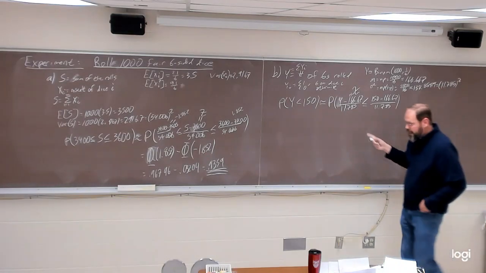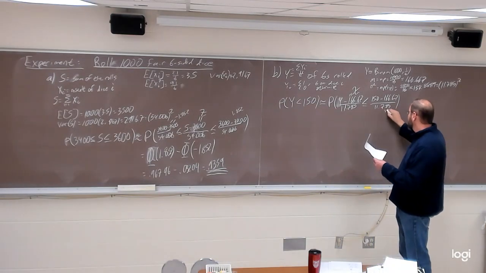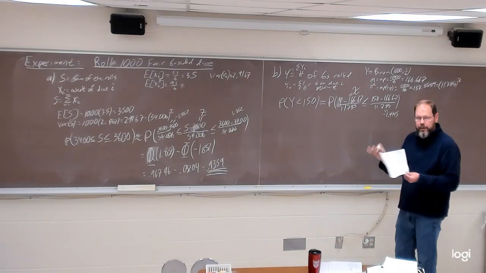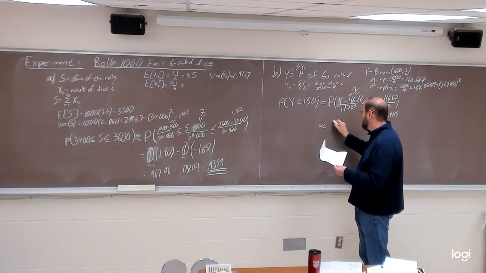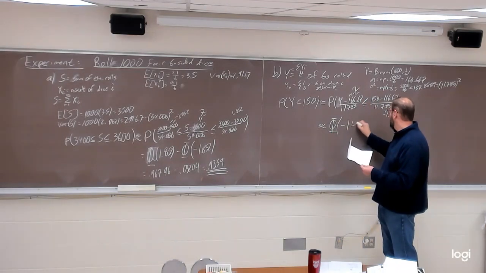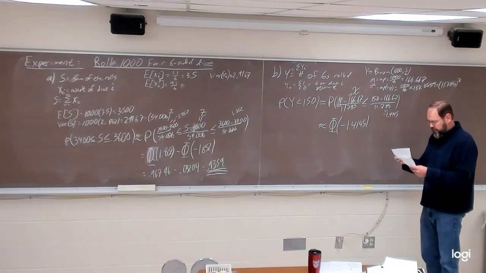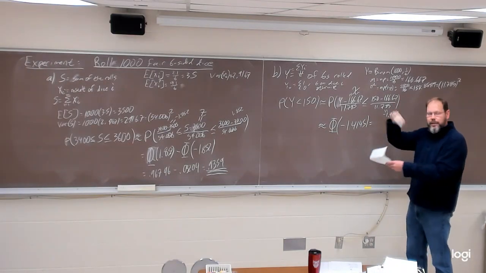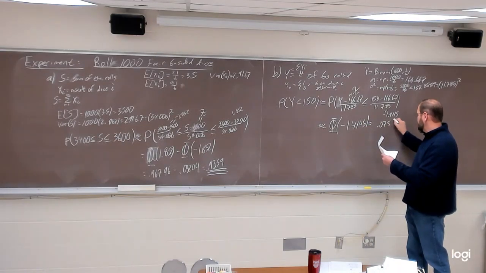So when I figure out that this number right here is negative 1.4145 or thereabouts, then this probability is approximately equal to what I get when I plug negative 1.4145 into my standard normal cumulative distribution function. So I'll look it up off my table, and I'll get 0.0786.